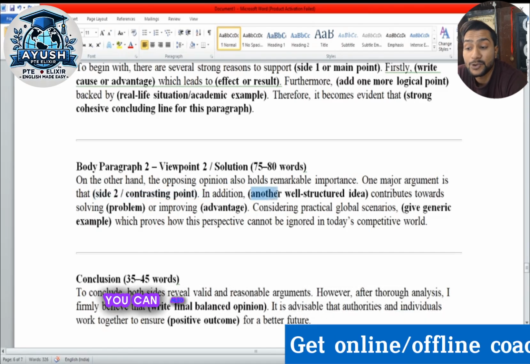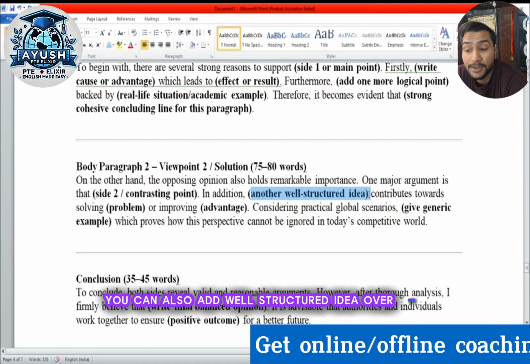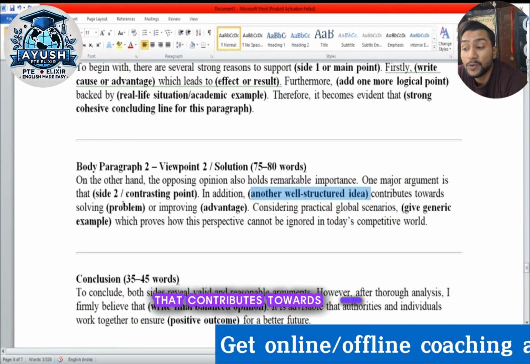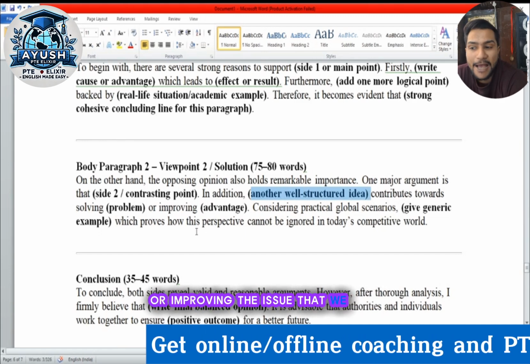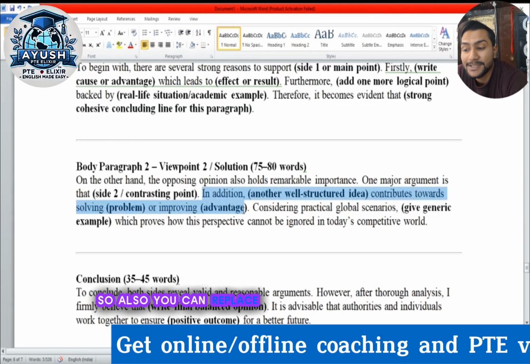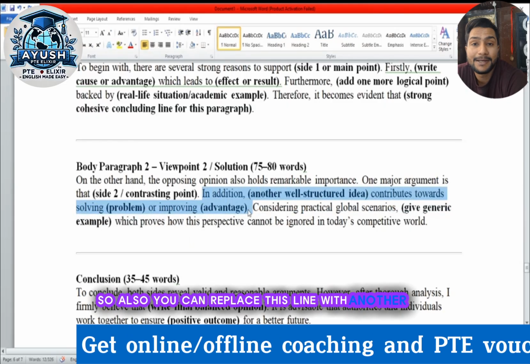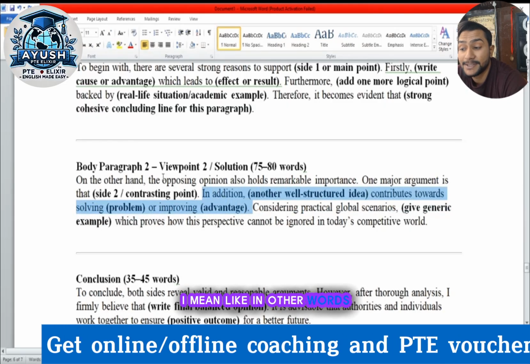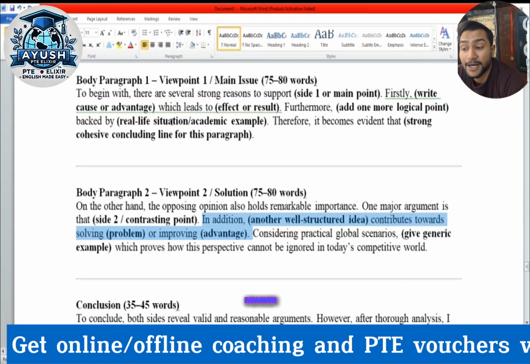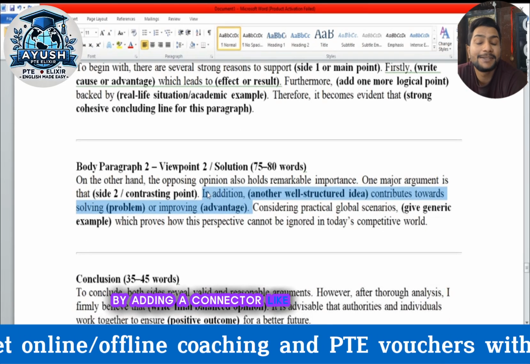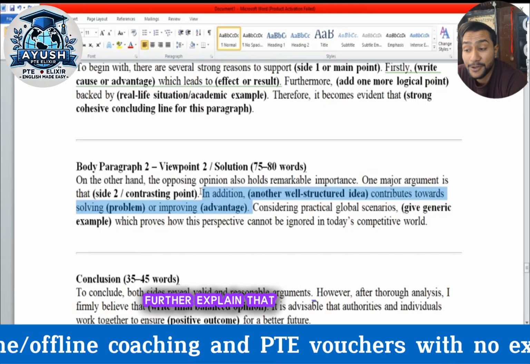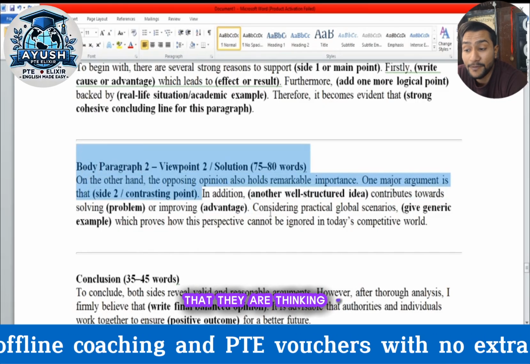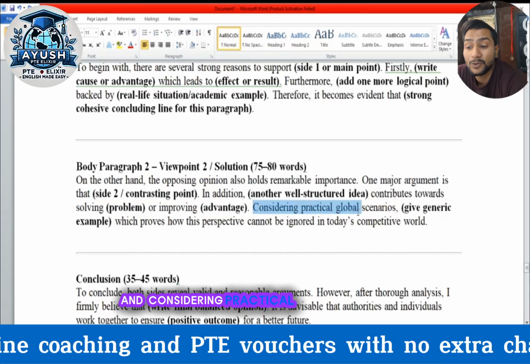In addition, you can also add a well structured idea over here that contributes towards solving whatever the problem is, or improving the issue that we have. Also you can replace this line with another idea, in other words, just like you did in body paragraph 1, by adding a connector like that is to say that. So you can further explain that particular point that they are thinking of, considering practical global scenarios.